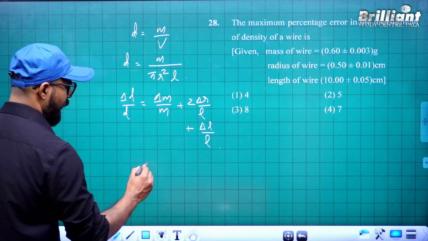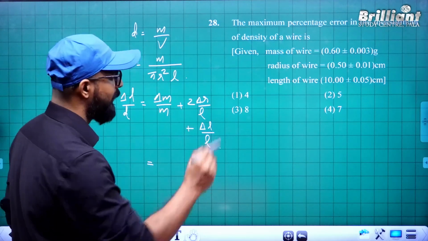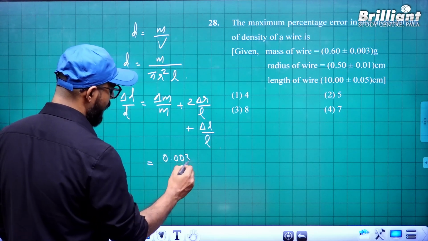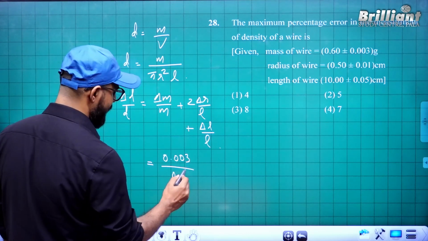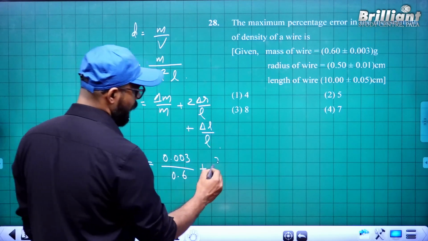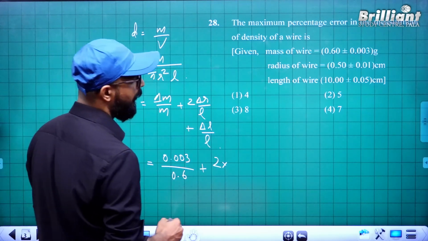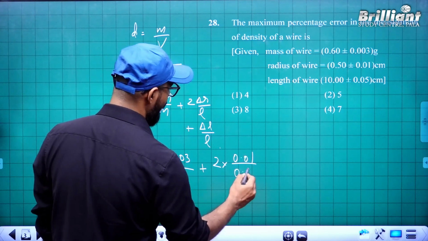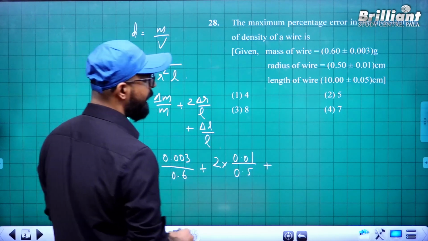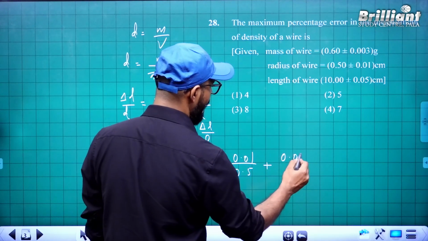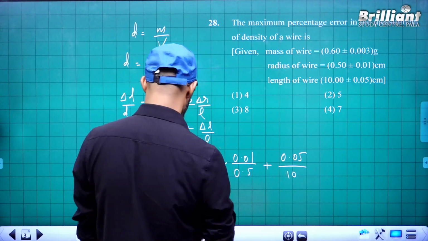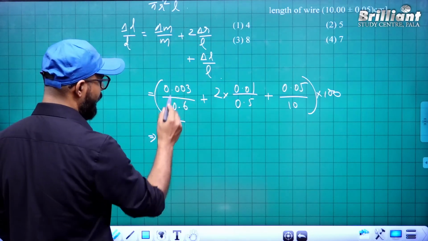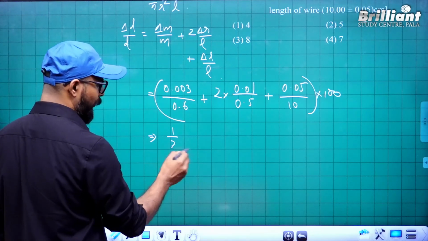Okay, so delta m by m, now let us substitute all these values. Delta m is 0.03 divided by 0.6 plus 2 times delta r by r, well, that is 0.01 divided by 0.5 plus delta L by L, 0.05 divided by 10. Everything multiplied by 100. 0.3 by 0.6 will be 1 by 2, correct?